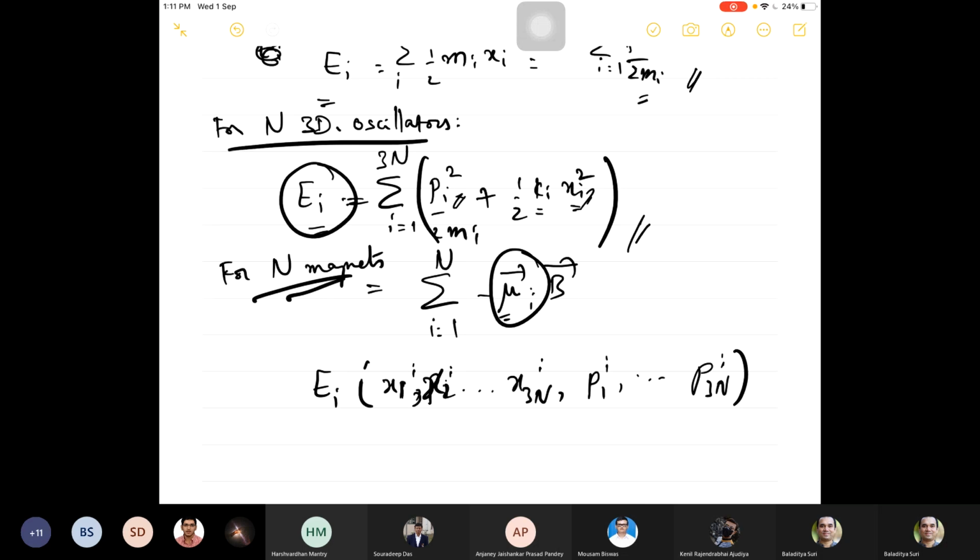For an extended object, you take the summation of r cross p for each particle with respect to some axis or a point, and then you can write it in terms of a moment of inertia matrix. Those are details, but if you take a system to be a collection of particles, an Avogadro number of particles, let us say 1 mole of an iron bar magnet, you can define their positions and velocities.